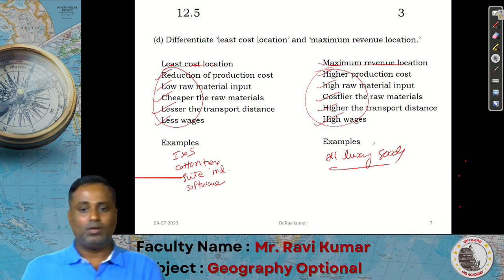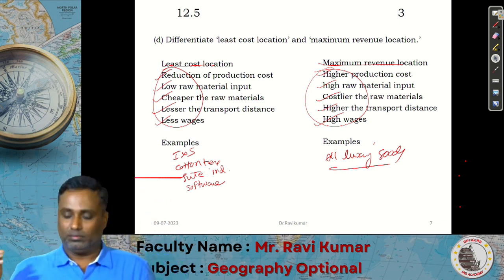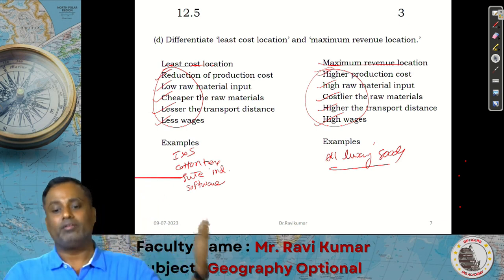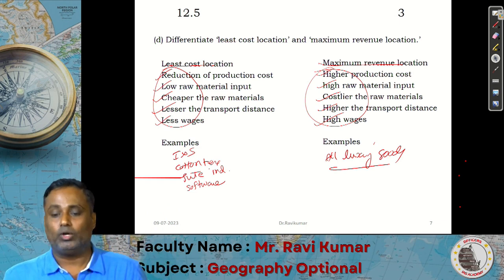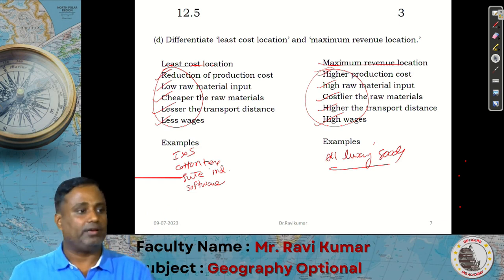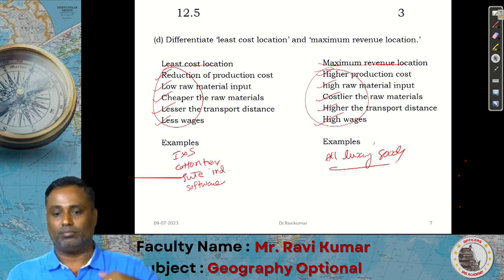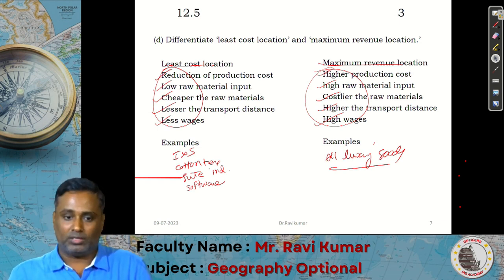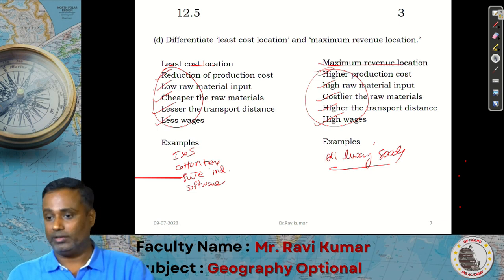Maximum revenue location is not only market based. I'm keeping an industry here where I can sell anywhere. I don't want to reduce the cost by finding a better location. Even though I have a maximum production cost, I can sell it because there are people to buy it.